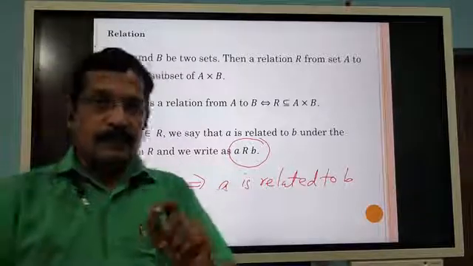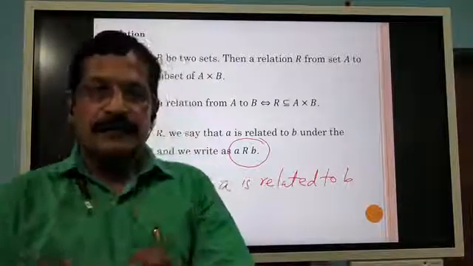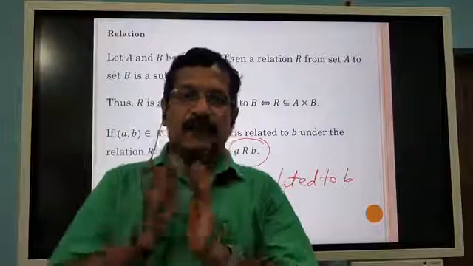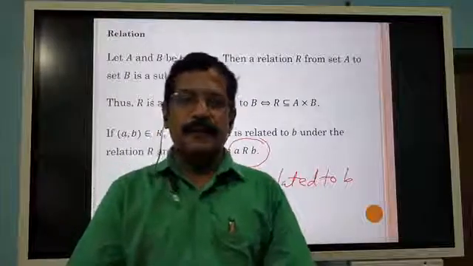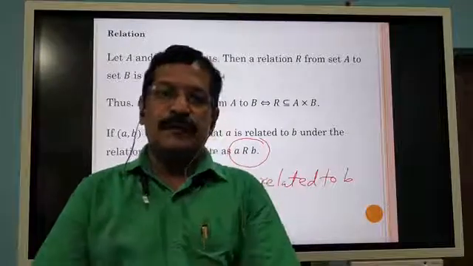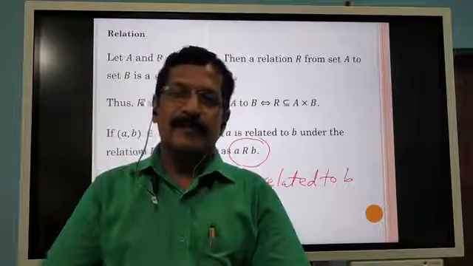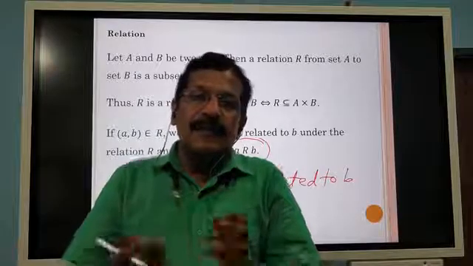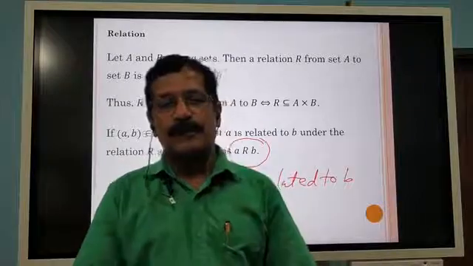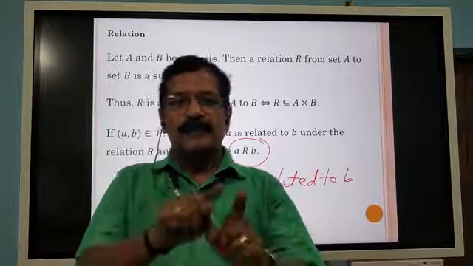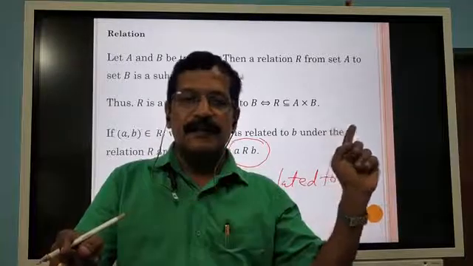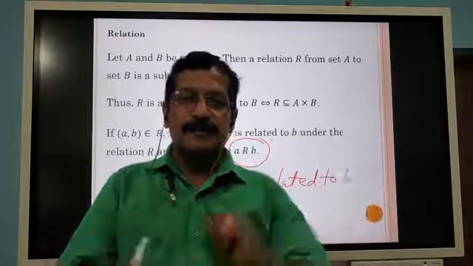Now, another question: suppose A is a finite set containing M elements and B is a finite set containing N elements. Then how many relations are possible from A to B? You can connect it with our 11th class power set.